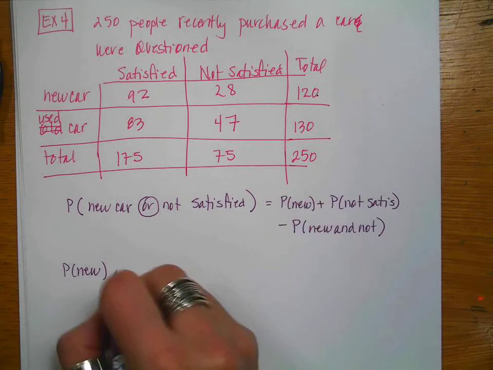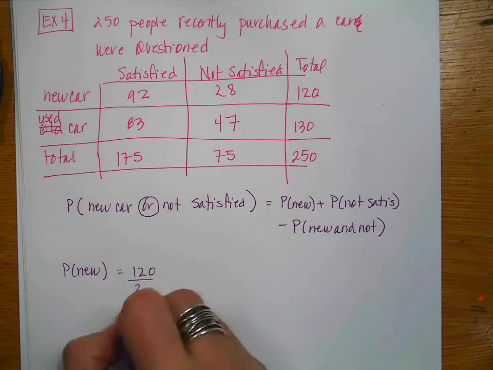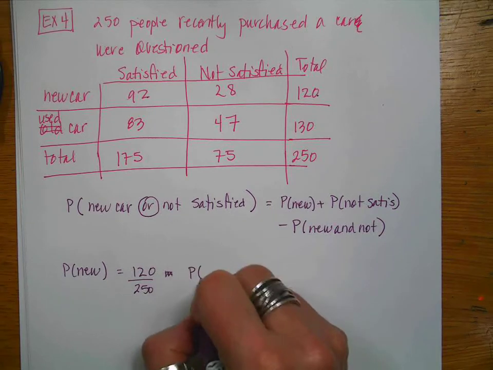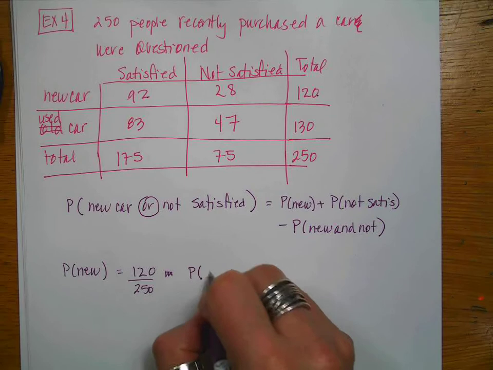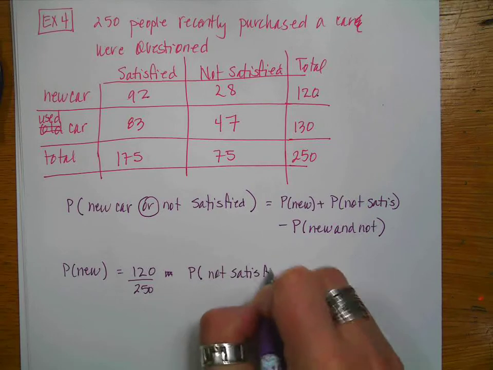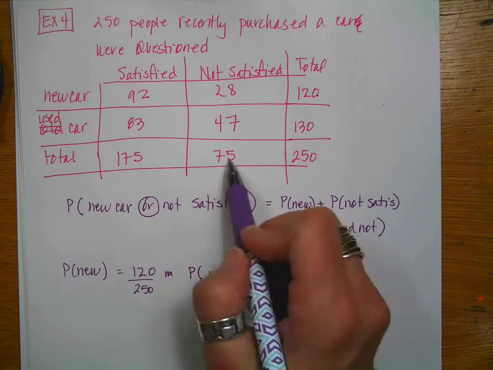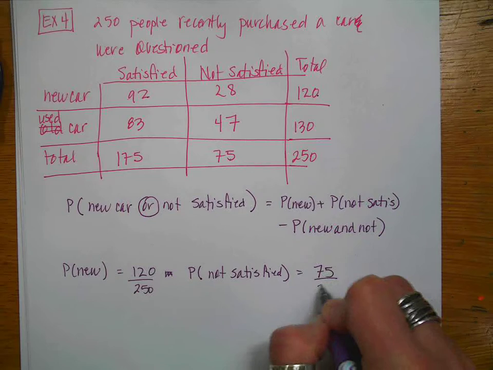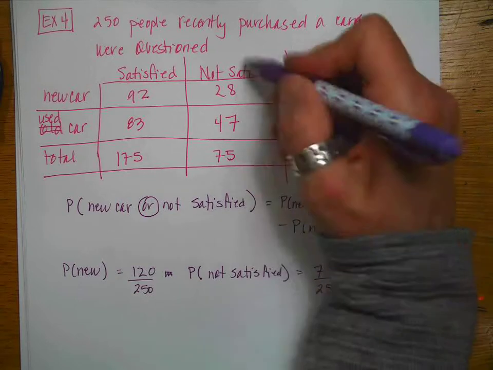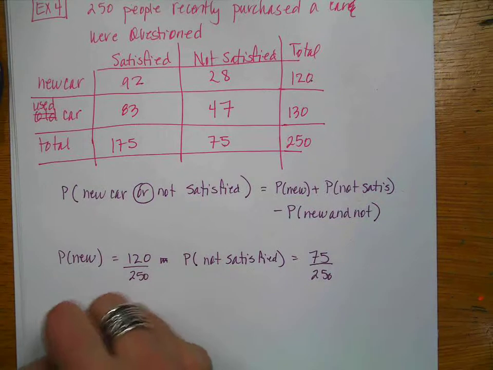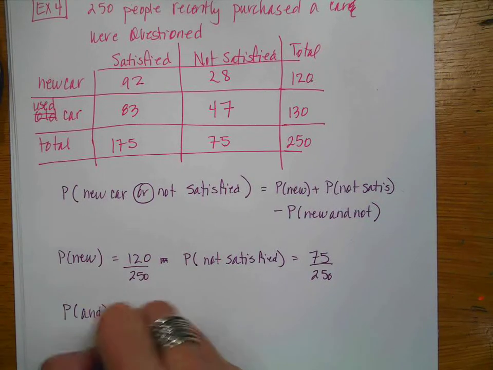Sorry, if we look all the way over here, there were 120 people that bought new cars. I was having a brain fart there for a moment. So 120 out of 250 is going to be, we're just going to leave it like that. We're not going to reduce. And then the probability of not satisfied, the not satisfied people were going to be 75 out of the 250 because this whole column is the not satisfied.